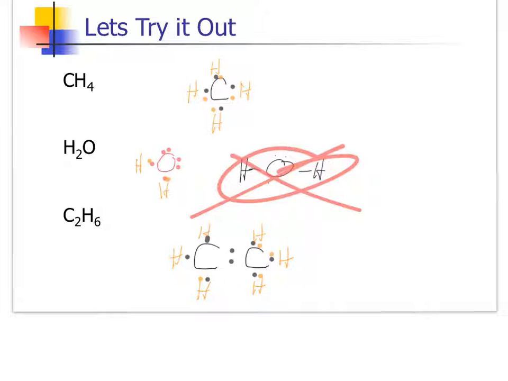Yay, we get to share, and there we go. And now I have what is known as not dicarbon hexahydride, which can work, but better known as ethane. Ethane would be that one. And we can see that everything's there. We have 2 carbons sharing a bond together, and then also sharing bonds and electrons with the other hydrogen.